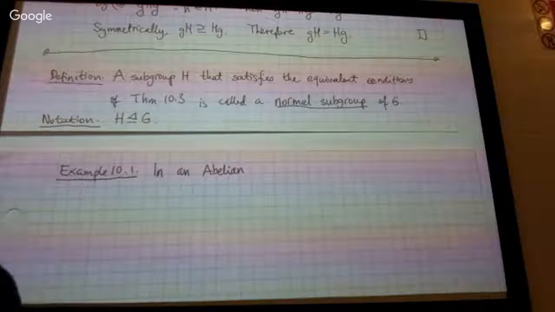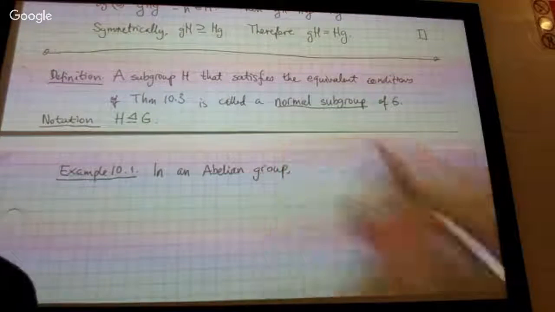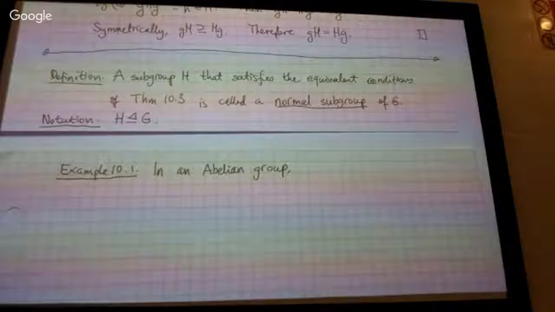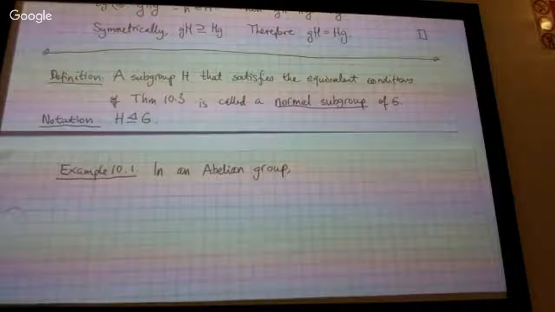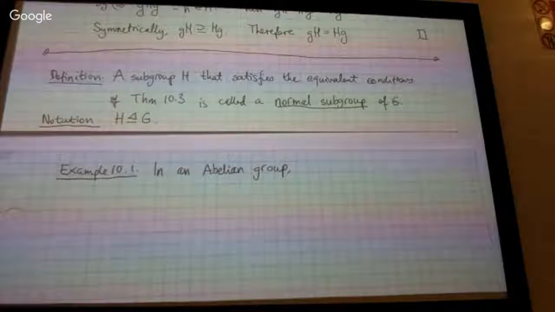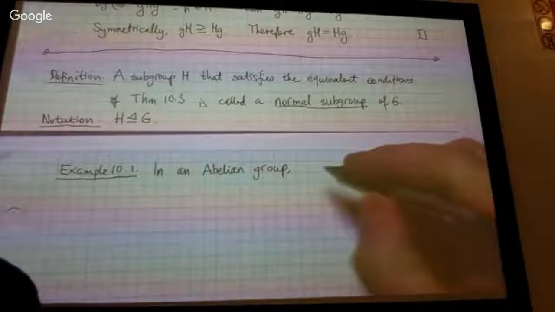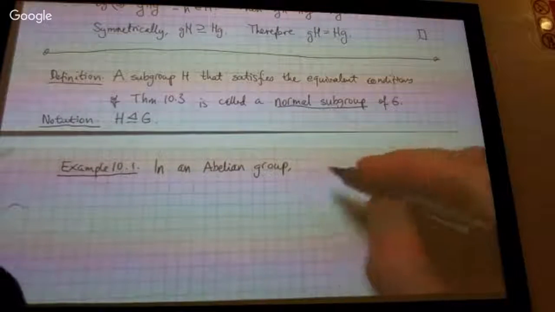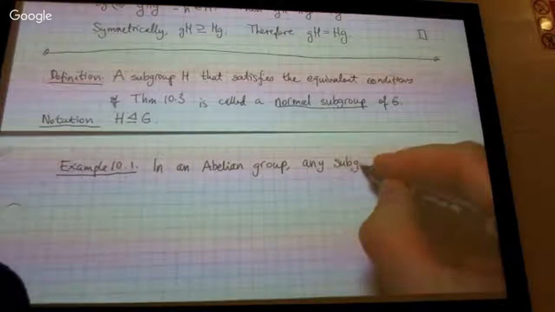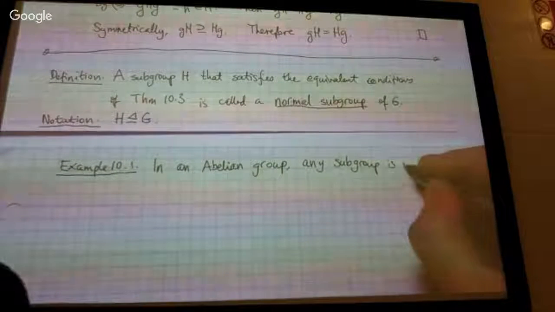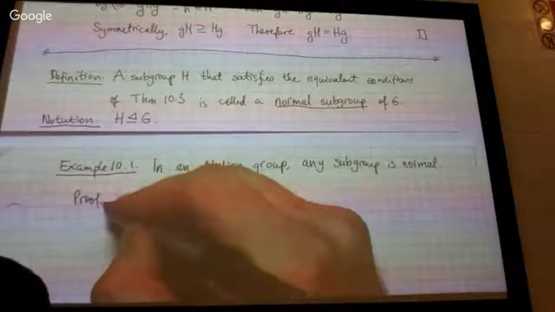So, what are the normal subgroups of an abelian group? Well, you have the book, so there's no point asking the question. But any subgroup is normal. Why is that?